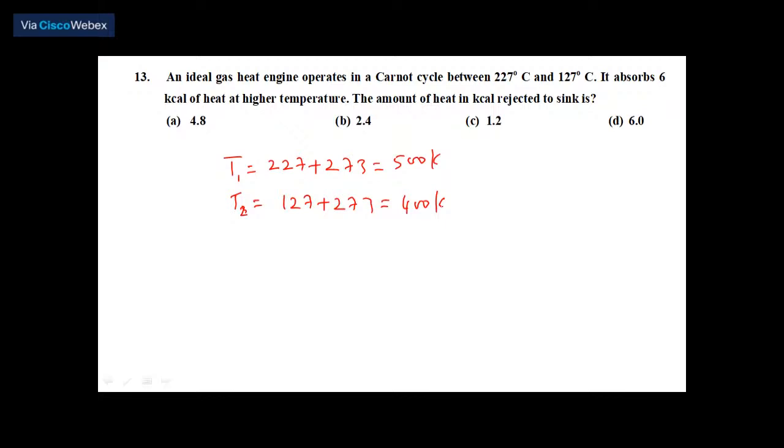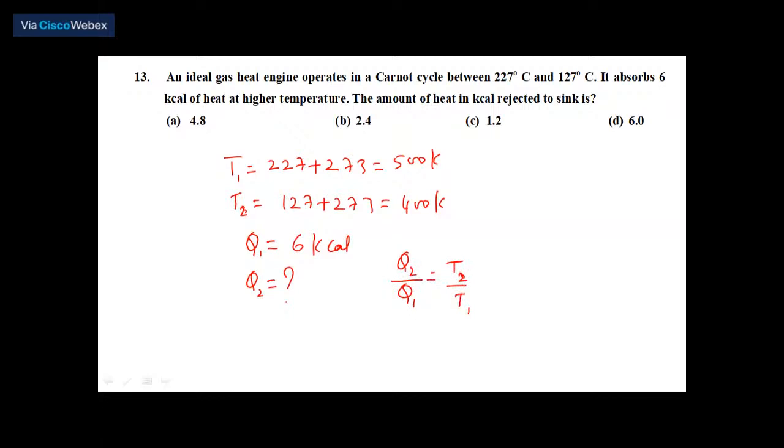It absorbs 6 kilocalories of heat at higher temperature. Heat absorbed is Q1. How much is that? 6 kilocalories. We have to find the amount of heat rejected to the sink in kilocalories. We have to find out Q2. Like I explained before, Q2 divided by Q1 is equal to T2 divided by T1.